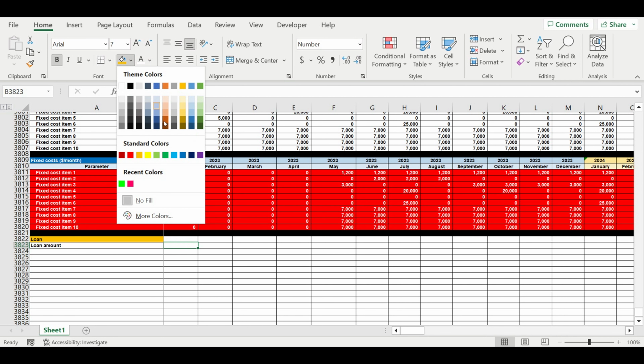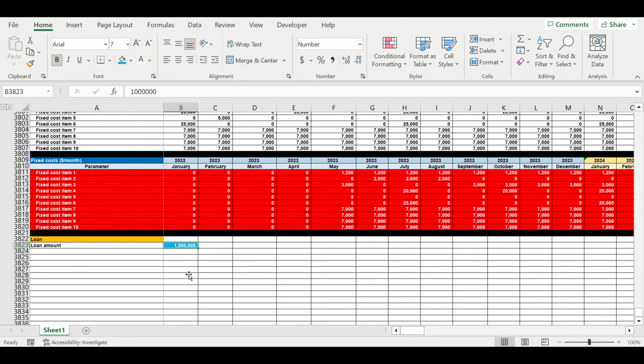I'm coloring this input blue because blue is the unique color which goes with all our inputs. This makes us able to find all the inputs very easily during scenario modeling. This significantly eases our life when the whole financial model is ready, because we can just jump from one input to another. So this eases the scenario play.